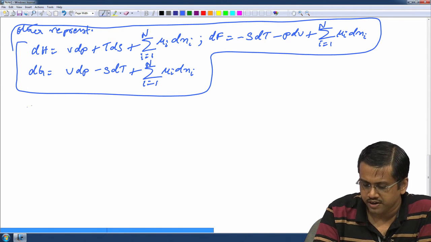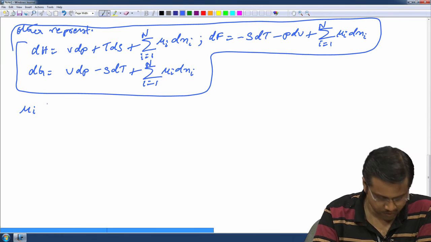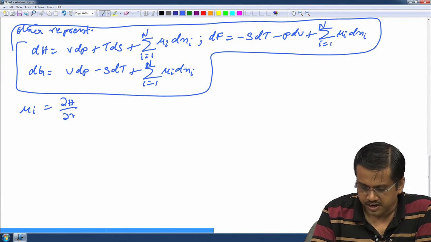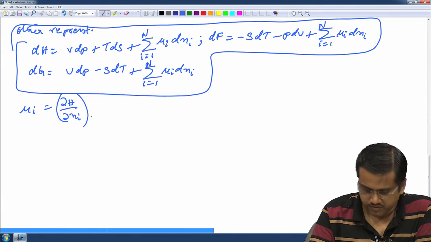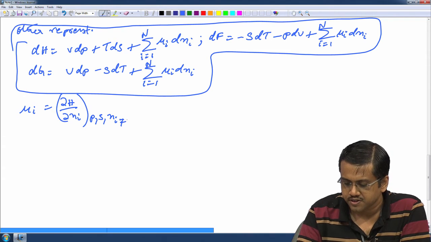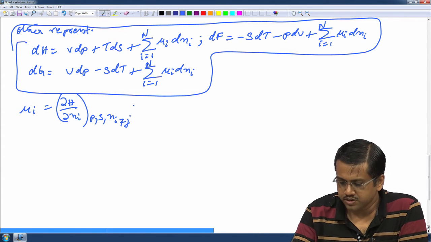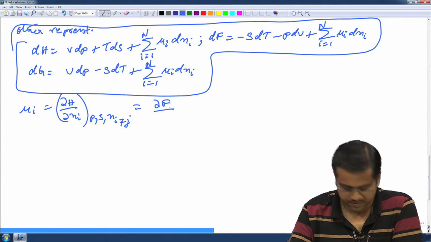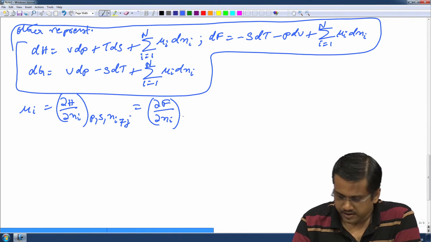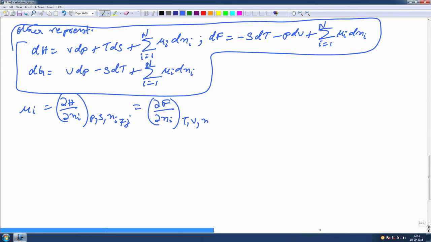So, the mu_i therefore can be written in a variety of forms, right. It can be written as dH/dn_i for constant P, constant S. These are all equivalent representations, right. This is also the same as dF/dn_i at constant T, V, n_j not equal to i, right.